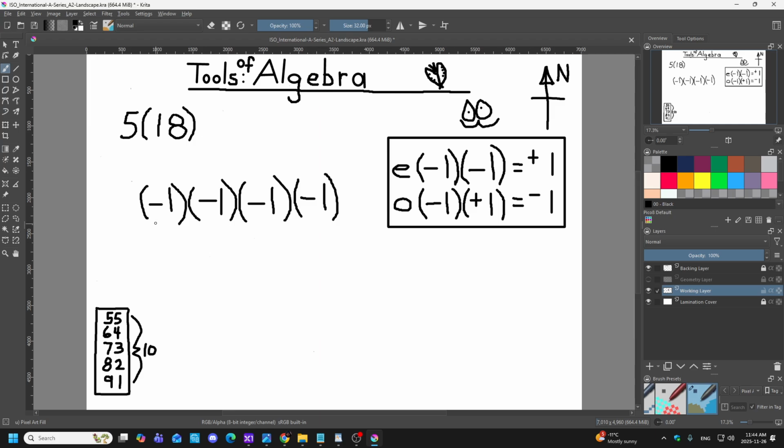All we really need to do is count how many negatives. We have 1, 2, 3, 4. That's an even number, because 4 is an even number. Anytime you have an even amount of negatives, your answer is always going to be positive.